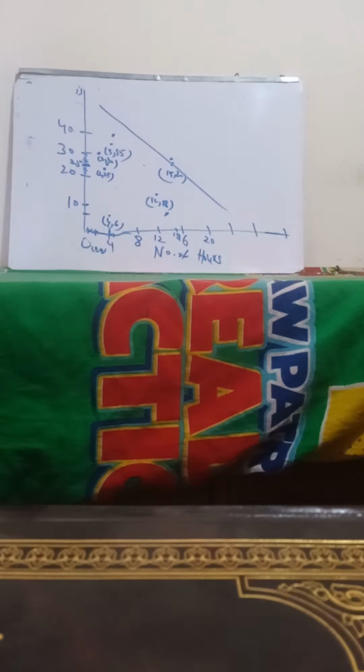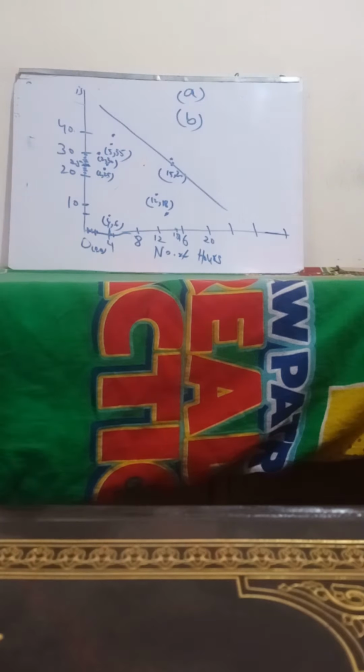So the second part is the analysis. First, we have already solved the plot, and the second is what it indicates. You can see with the help of the scatter diagram, it is showing the inverse relationship between them. What is the inverse relationship?